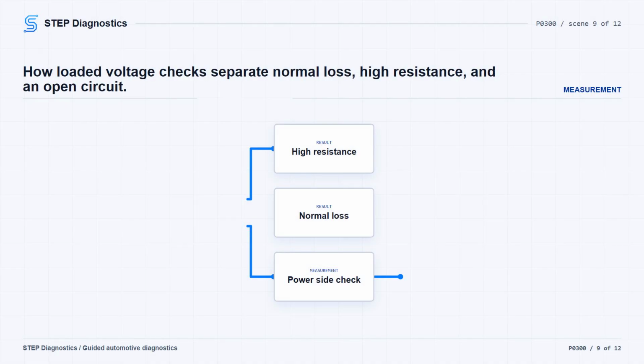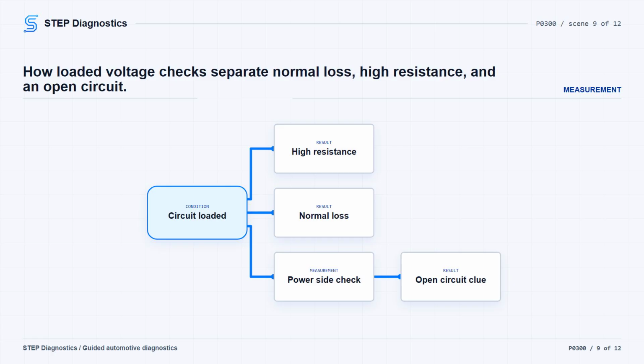If the electrical checks lead you into voltage drop testing, keep the circuit loaded and interpret the numbers correctly. In 12-volt circuits, normal circuit loss is usually less than 0.5 volts, or less than 5% of circuit operating voltage. Voltage readings greater than 0.5 volts indicate abnormal voltage loss, which points toward resistance in wiring or connectors.